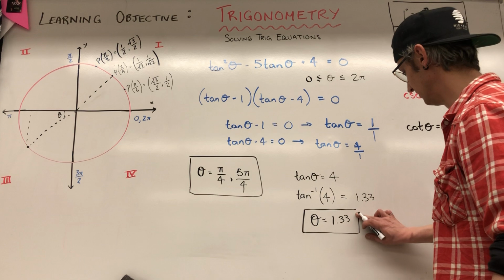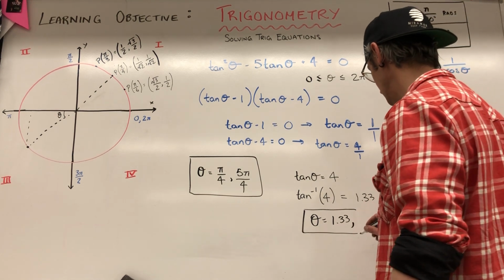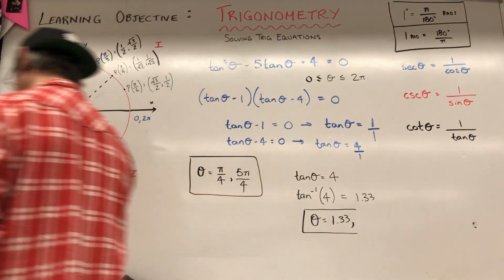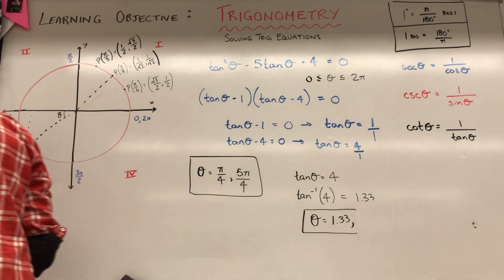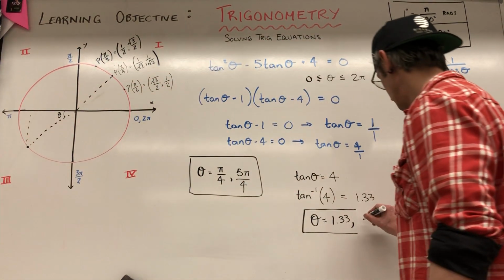Okay, so the other answer is when I add pi to that. So it's going to be 1.33 plus pi is 4.47.